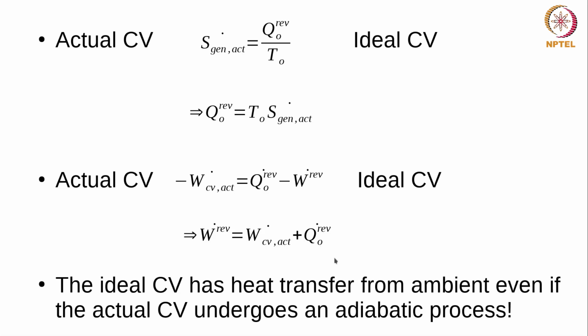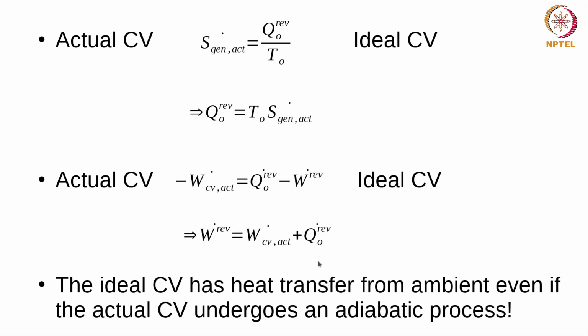So in addition to whatever work we had earlier, I will get some extra work, given by this term, if this process happened reversibly. Or in other words, if the process happened irreversibly, I would lose this amount of work when there are irreversibilities or friction or things like that.